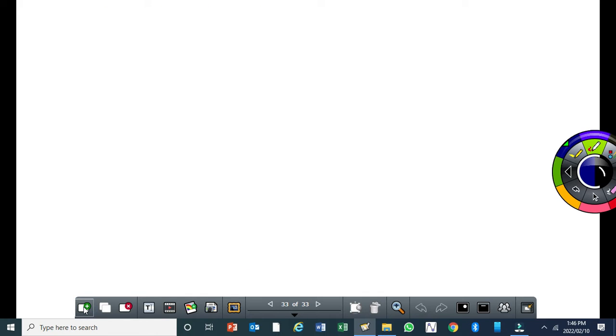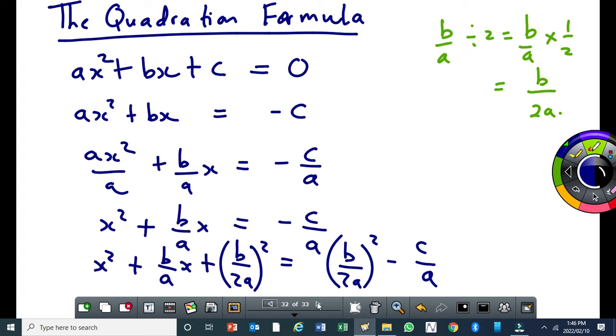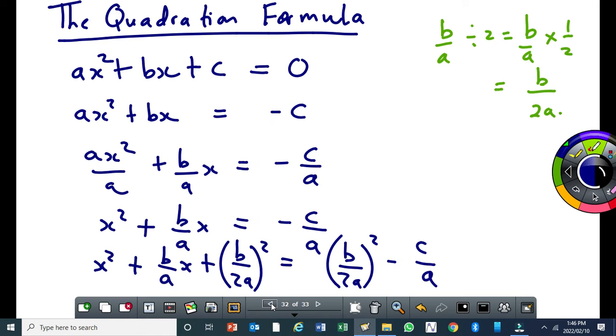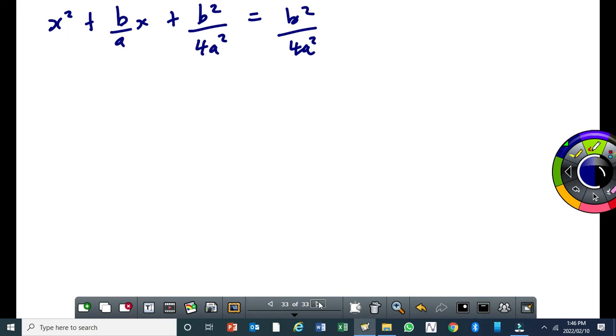So we can end up having x squared plus b over ax plus b squared over 4a squared, that's equal to b squared over 4a squared minus c over a.